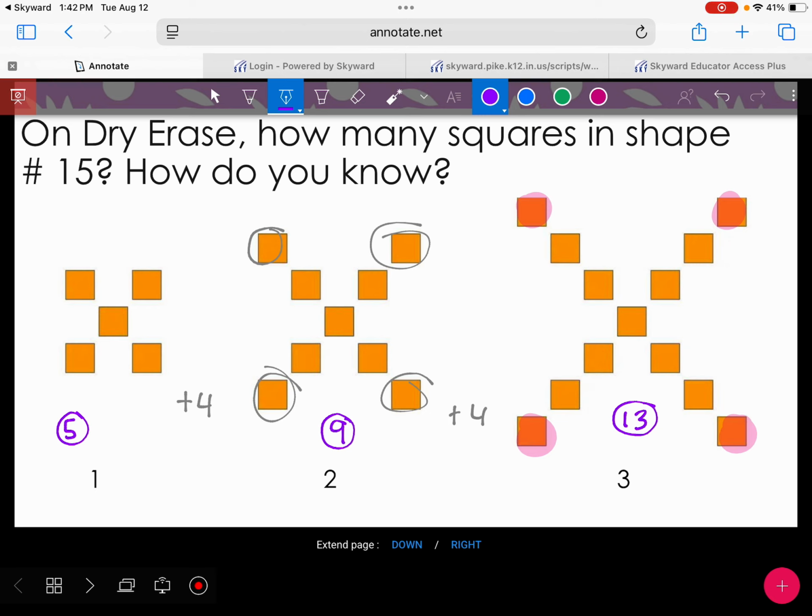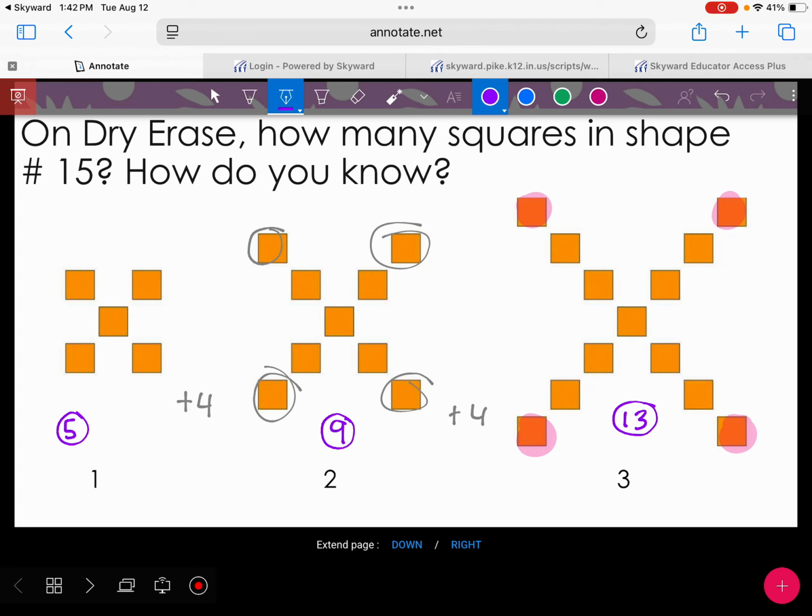So how could we figure out what pattern number 15 is going to have? I don't want to have to draw 15 of these. How can I figure it out without having to draw all 15? Yeah.